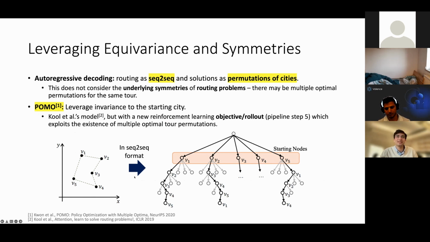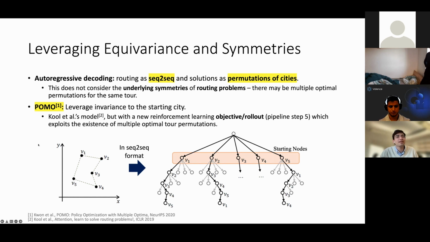If you have this route on the left, then in the sequence to sequence decoding format, you could start at any of these nodes, and that would mean that you have a different permutation of routes. So you're making it really hard for your model if it has to learn that all these permutations are actually the same route.